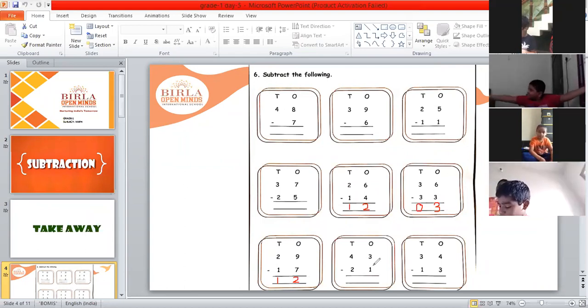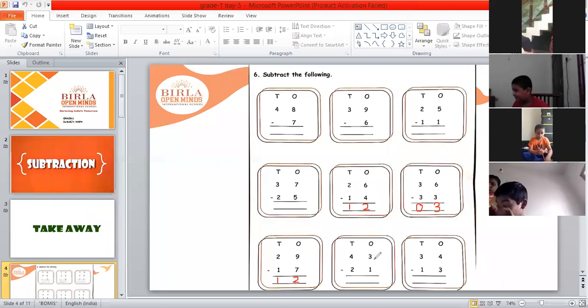No, that's wrong. See, first you have to read the number. First number is 43. Then you have to read this symbol. This is minus symbol. So this is 43 minus 21. How you will read it? No, 43 minus 21. So this is 43 minus 21.